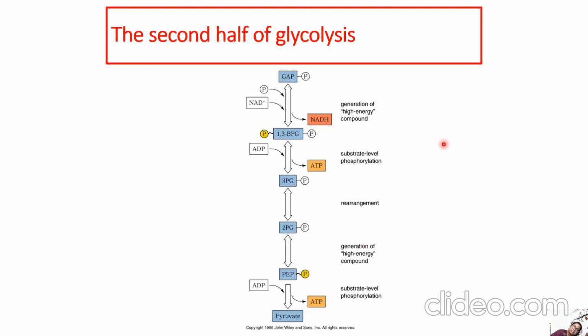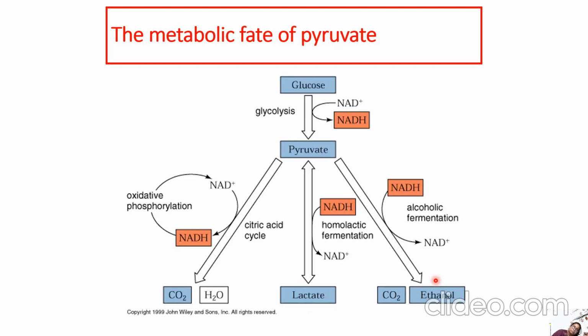The second half of glycolysis is the payoff phase: generation of a high energy compound, substrate level phosphorylation, rearrangement, generation of a high energy compound, and substrate level phosphorylation again. So what is the metabolic fate of pyruvate? Either alcoholic fermentation to ethanol and CO2, or homolactic fermentation to lactate, or the citric acid cycle to CO2 and H2O.